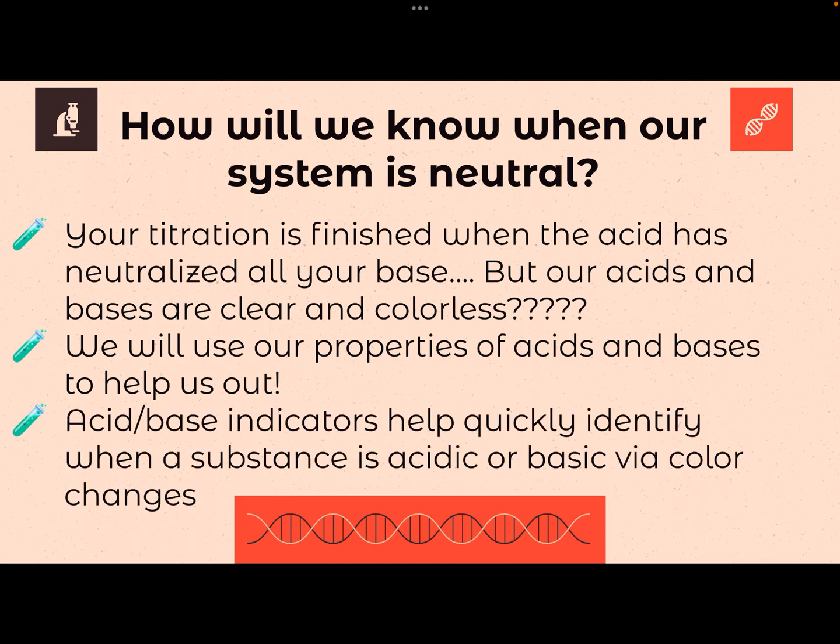We're also going to make use of indicators, which we learned about in 7.4. Acid-base indicators help quickly identify when a substance is acidic or basic via color changes. So let's think about the acid-base indicators we know that can maybe help us out here.